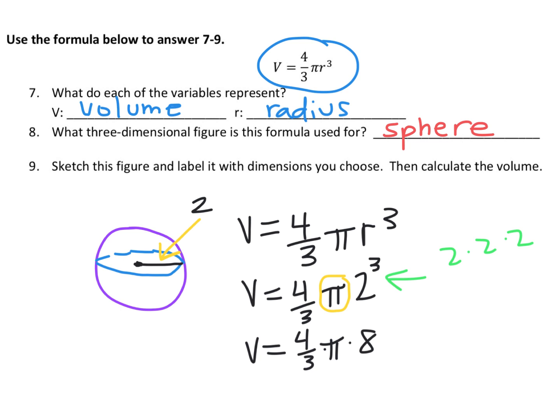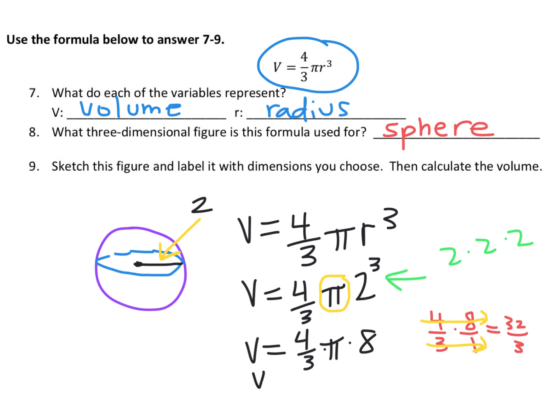So a couple different ways you could do this. So 4/3 times 8, if you remember when we multiply fractions, we can just set it up like this and then just multiply across. So 4 times 8, we get 32 over 3, and then do 32 divided by 3. So we get 10.6 repeating, and then we're going to times that by pi.